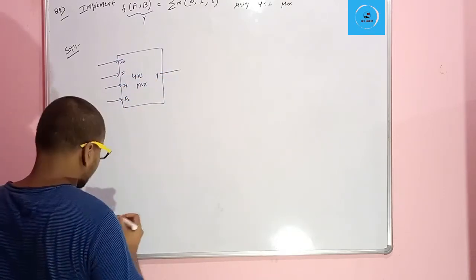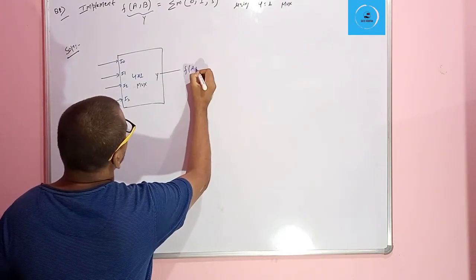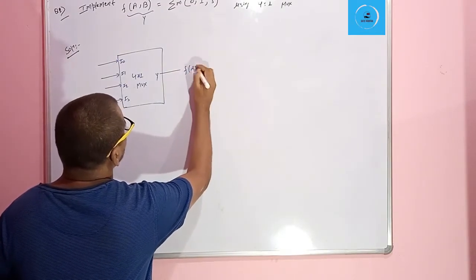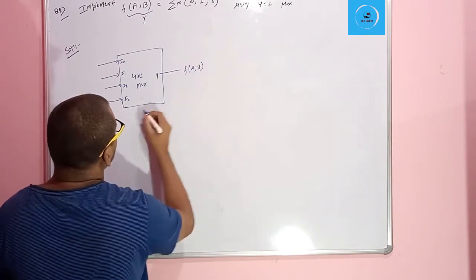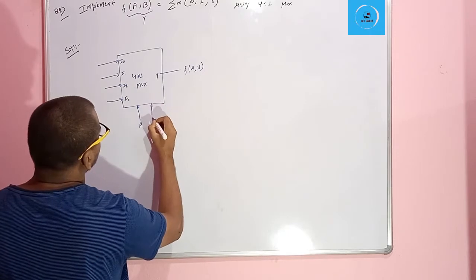Now y is equal to f of a, b, the function of a, b, and the select lines are a and b.